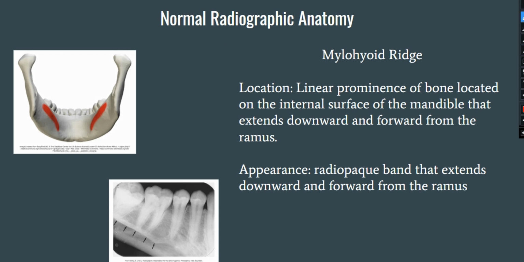So when you are looking at this view up here, this picture, you are looking as if you are standing on the back of the tongue. So these are going to be on what they're calling the internal surface of the mandible, extends downward and forward from the ramus. And on the radiograph, it's going to be the radiopaque band that extends just like the description, downward and forward from the ramus.